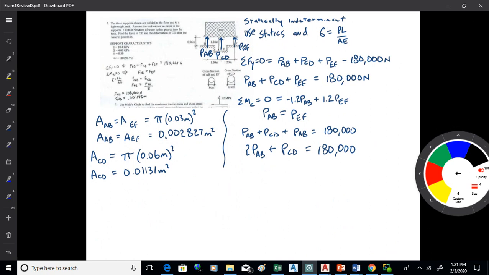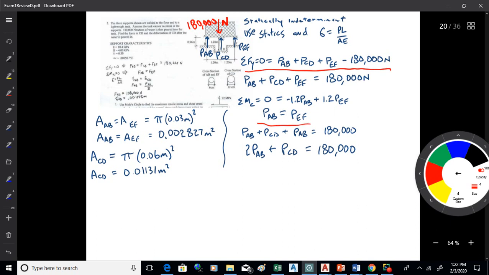So the statics, the obvious thing here is that the three loads, when added together, equal the weight downwards. So PAB plus PCD plus PEF is 180,000 newtons. That's the weight of the water pushing down. So that's going down. Now, as long as things are symmetrical here, I can conclude that PAB and PEF are equal to each other.